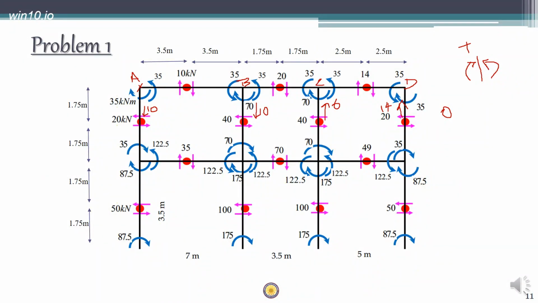So both this 35 and this 35 are going to be positive moments. When you consider B, there is a 35 kilonewton moment on the left, which is anti-clockwise, which means that this is negative. This is again positive, and this is again positive. Okay, so now we got all the moments. You can just do marking on the frame.